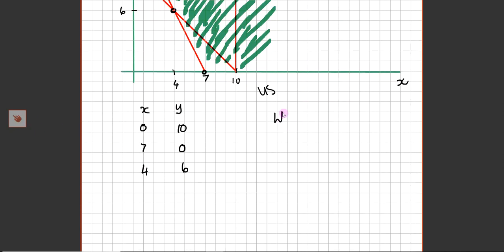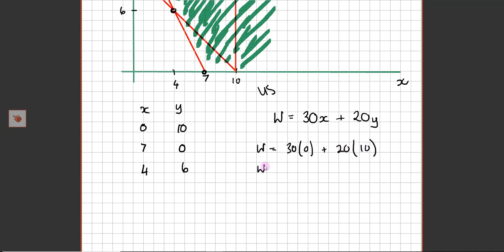Well, I've got the weight is, what was it, 30x plus 20y. Okay, so the first one will be 30 times 0 plus 20 times 10.